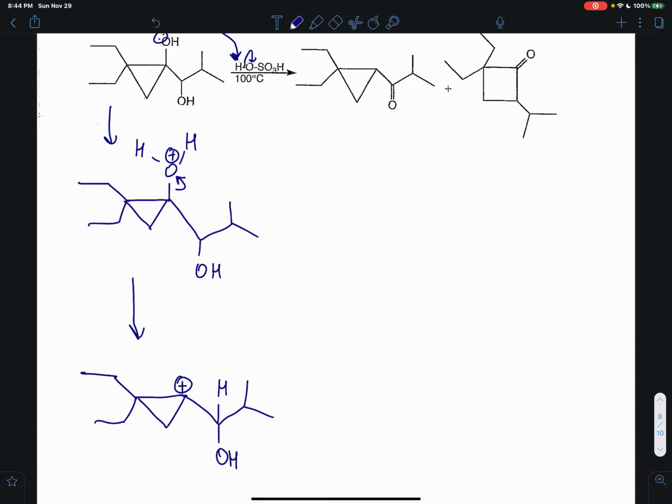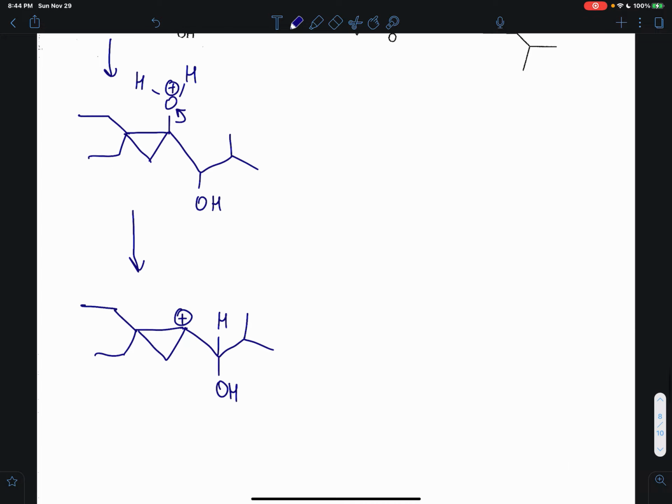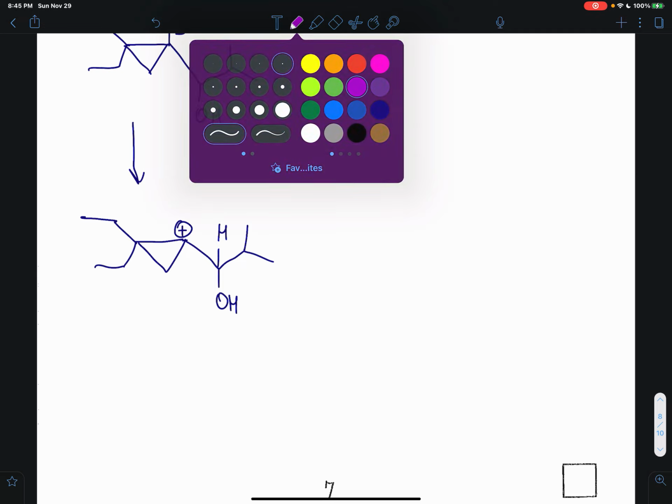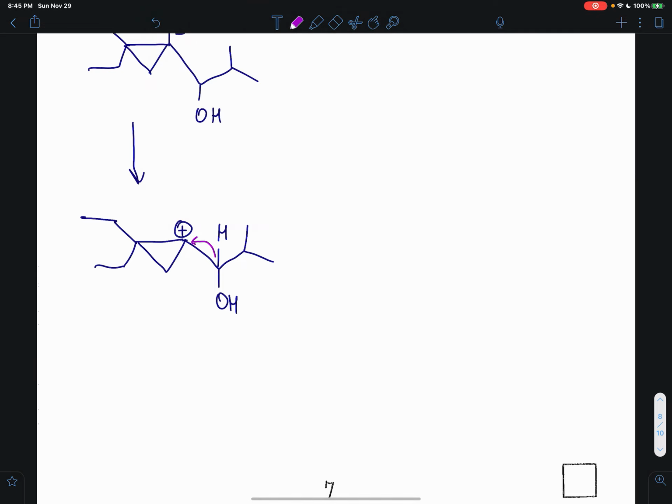So we notice that we have a tertiary carbon cation, but Danny, tertiary carbocations are the most stable. Why would it want to move somewhere, right? There will be a hydride shift here, because if you notice, if I do a hydride shift here, I'm going to end up with a positive charge right here, which is adjacent to an oxygen, which means that I have resonance.